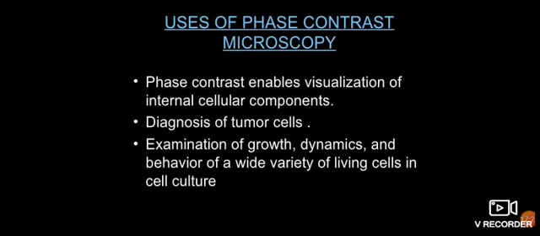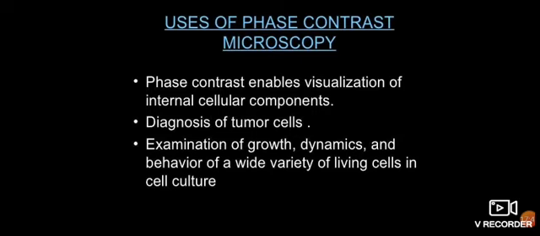Nowadays we all know that cancer patients are increasing very frequently. So for that we require observing which type of cancer cells are there. For that diagnosis of tumor cells, we require the phase contrast microscope. Then examination of the growth, dynamics and behavior of a wide variety of living cells in cell culture.